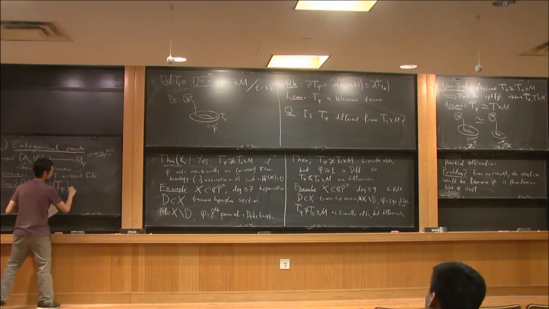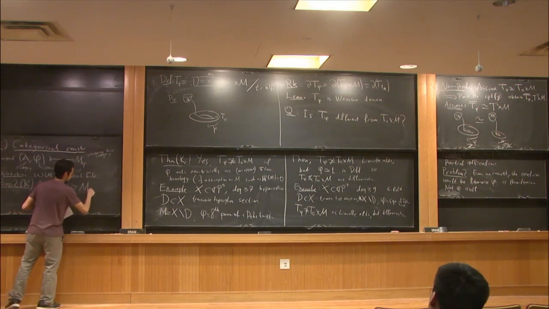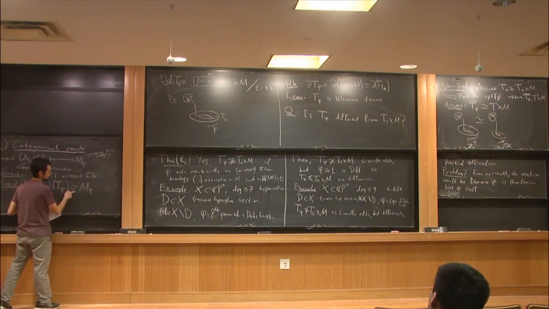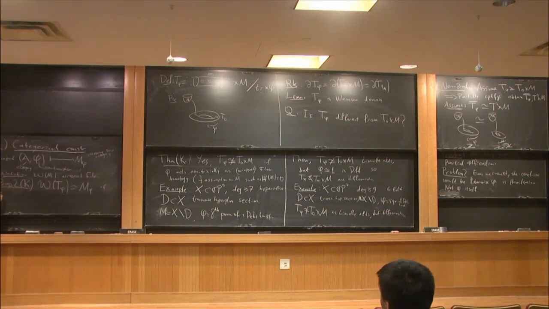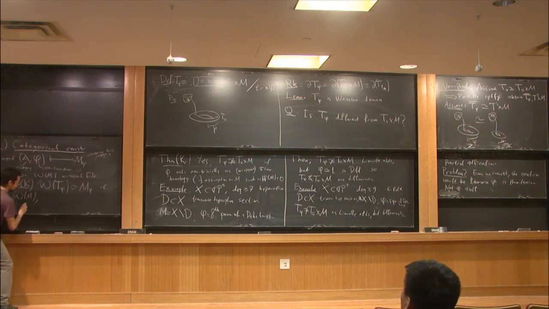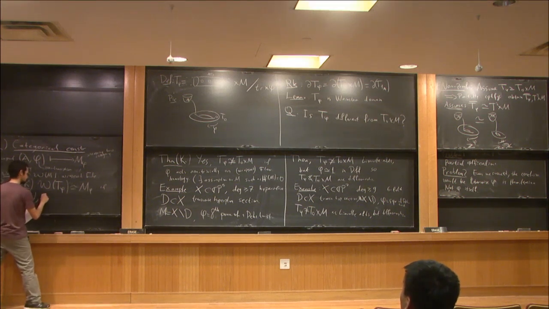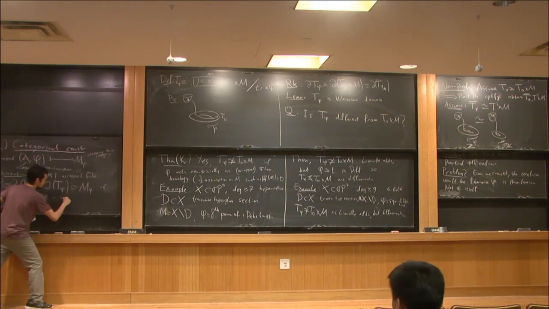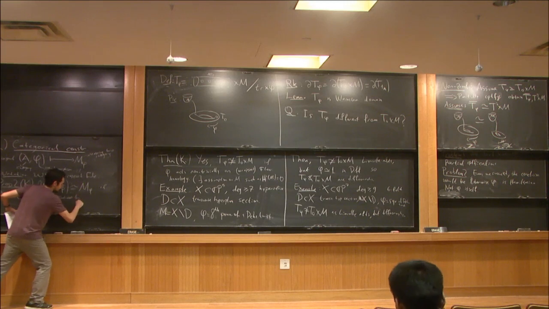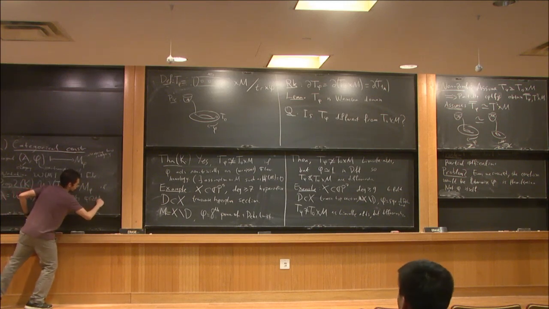It's essentially W of T phi is equivalent to M phi if the input category is the wrapped Fukaya category of M, and phi, the automorphism phi, is induced by the symplectomorphism phi.